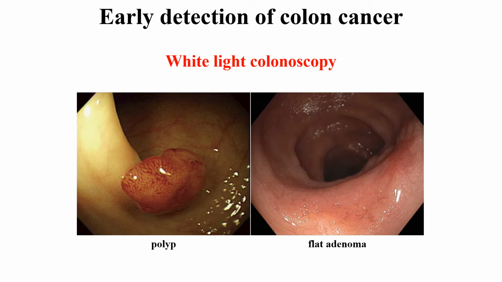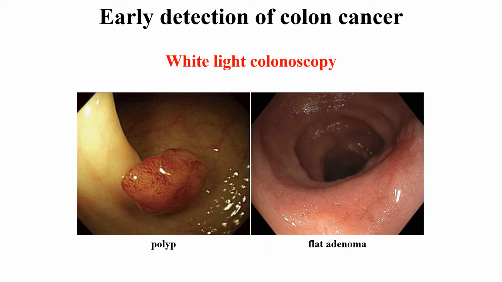We'll first talk about early detection of colon cancer, and a white light colonoscope is shown here, visualizing a pre-malignant lesion that consists of a polyp. This is an anatomical abnormality that is grossly visible from the endoscopic image and is removed using either a snare or electrocautery techniques.